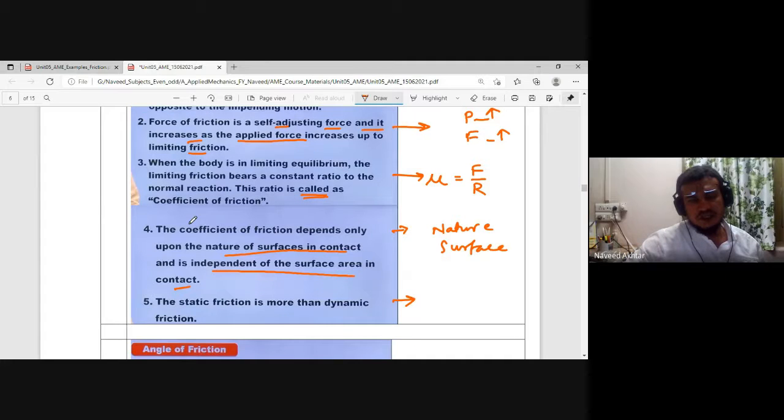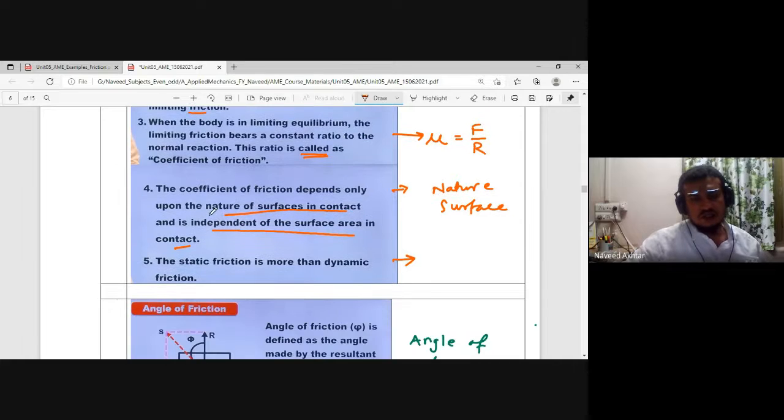When the body is in limiting equilibrium, the limiting friction bears a constant ratio to the normal reaction, and this ratio is called mu. So we assume mu is equal to F by R.